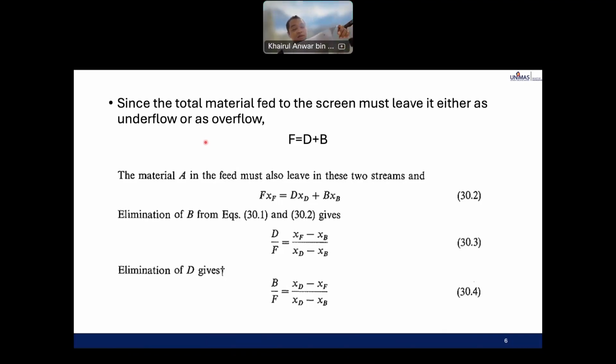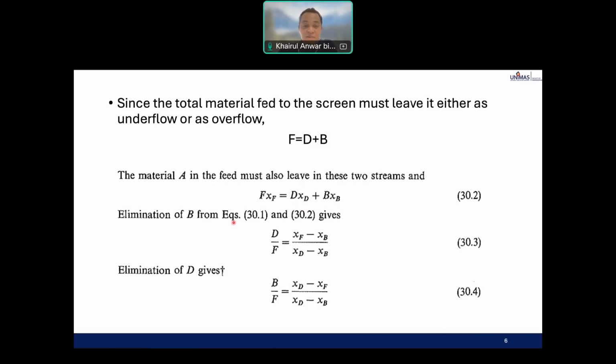For this equation, we can use equation 30.1. So F equals D plus B. D is overflow, B is underflow. So the material A in the feed must also leave in these two streams, and FXF equals DXD plus BXB.